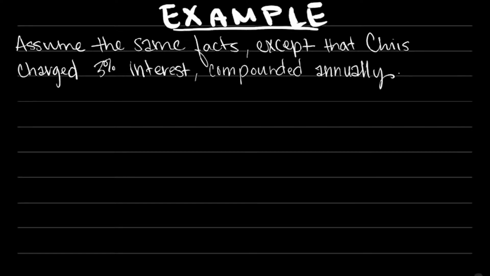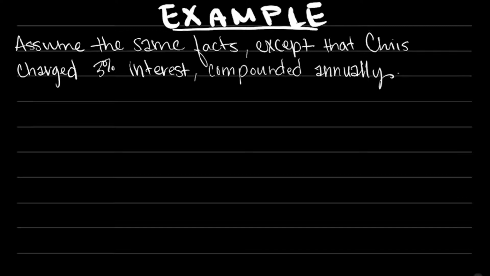Let's assume the same facts that we just went over in the previous example, except that Chris charges 3% interest compounded annually. What do we know here? It's a below market interest rate, and therefore we've got the same issues that we talked about earlier about recognition.